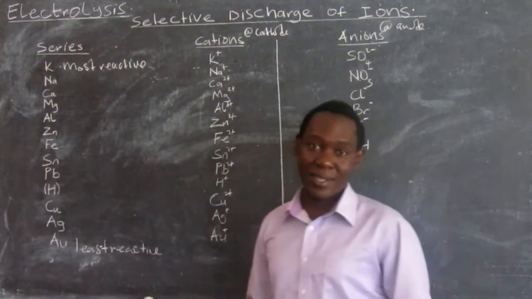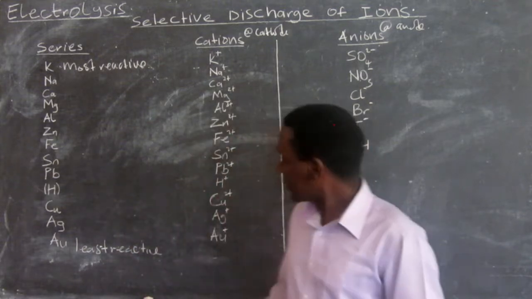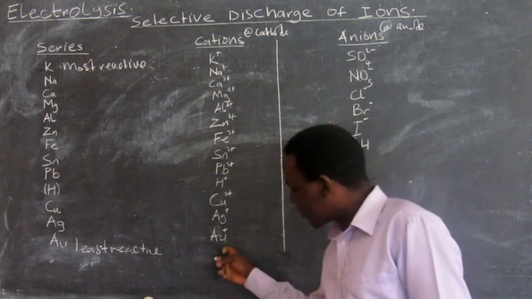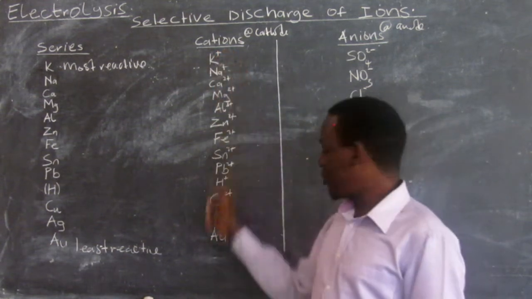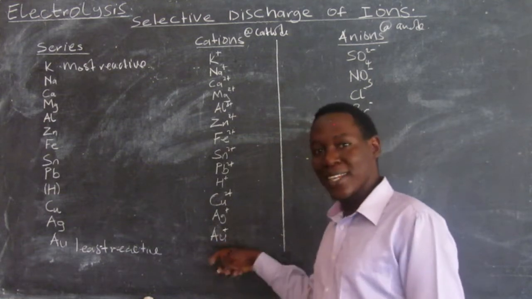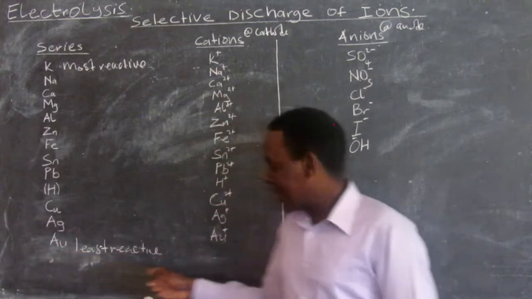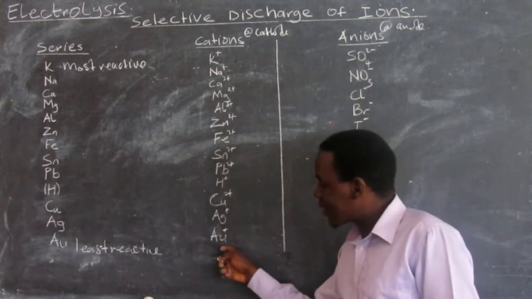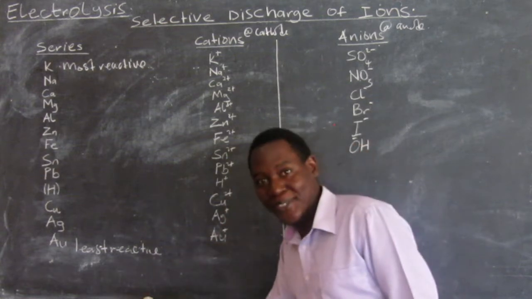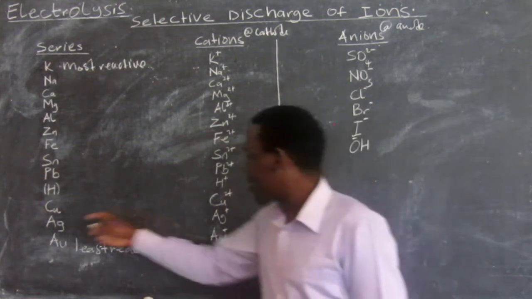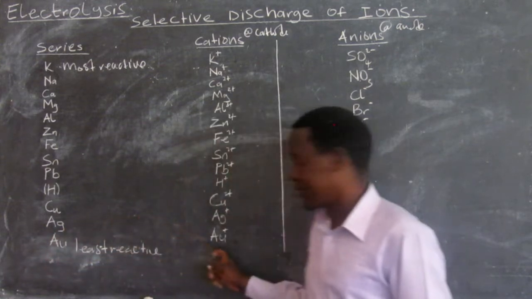Now, that gives us a conclusion: the ion which is down here is going to be more reactive than the ion which is up. Reason being, it wants to gain electrons so that it can go back to the atom state, because it feels more comfortable in that state.